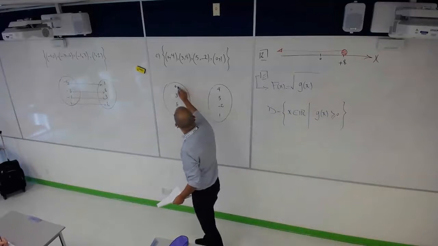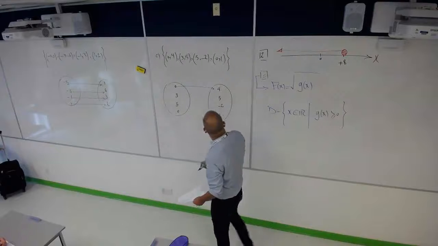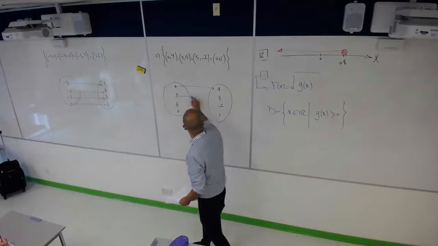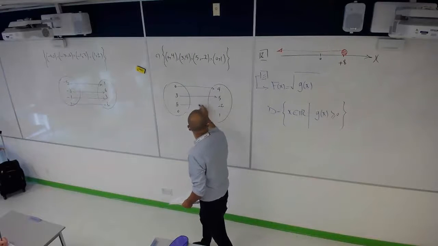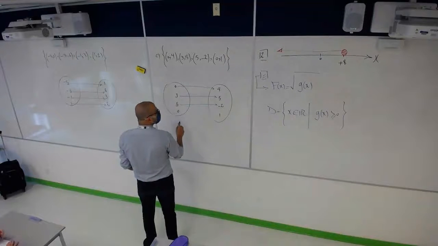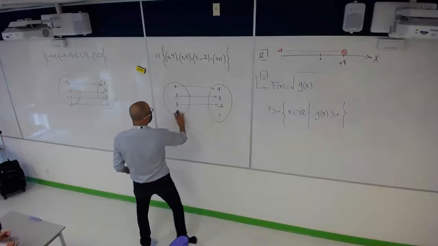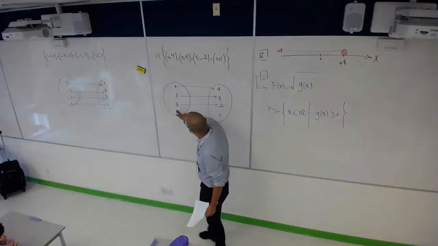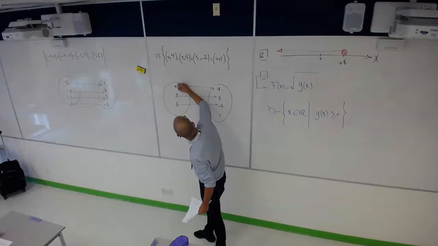Look at this one. 0 is connected to 4, 3 is connected to 5, 5 is connected to -2, and I have 0. 0 is repeated twice, so I don't bother, I just write it like this.